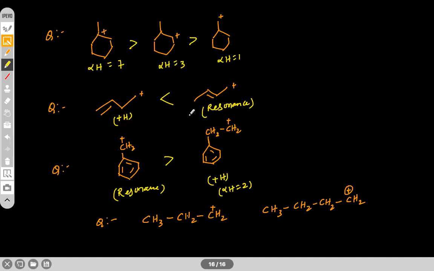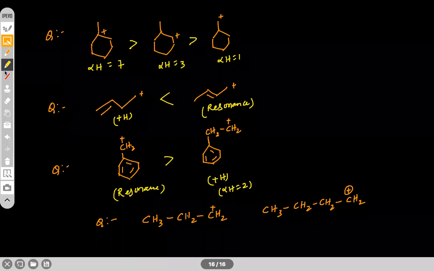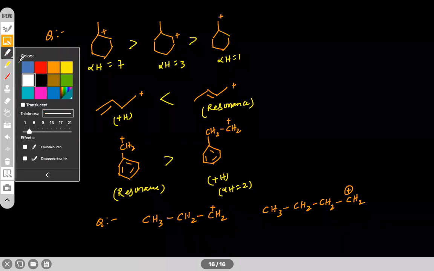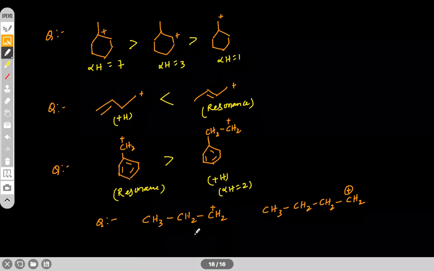Right, you see here again, both of the molecules show hyperconjugation and plus I effect, correct? Number of alpha hydrogens, if you count here, it is 2. And number of alpha hydrogens here, it is again 2. Since we have an equal number of alpha hydrogens, we cannot find out the order with respect to hyperconjugation.